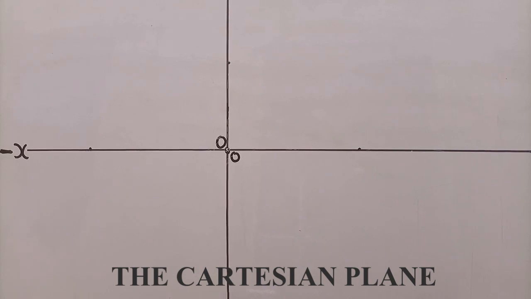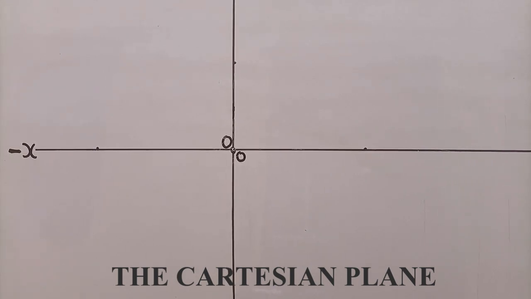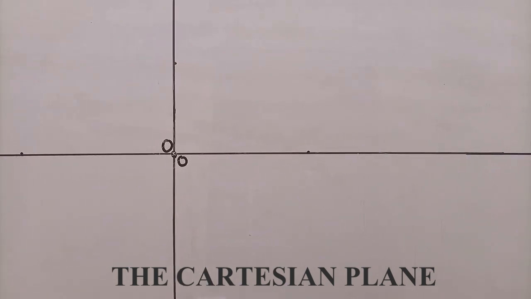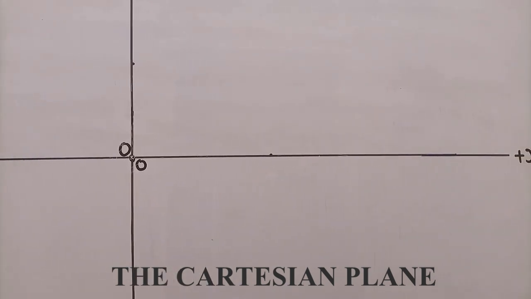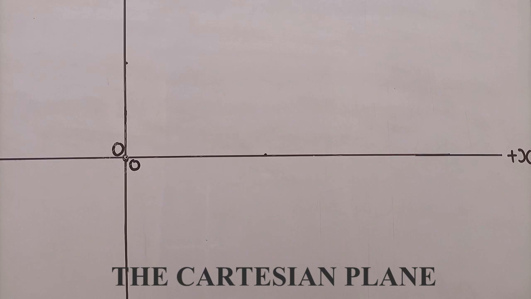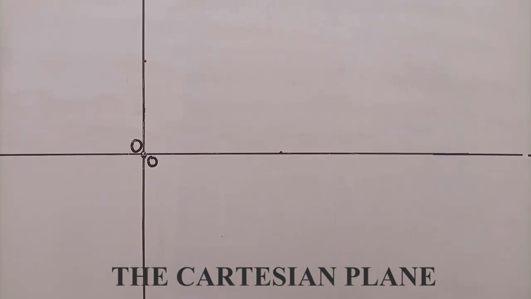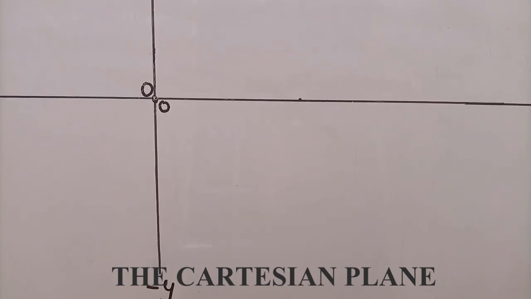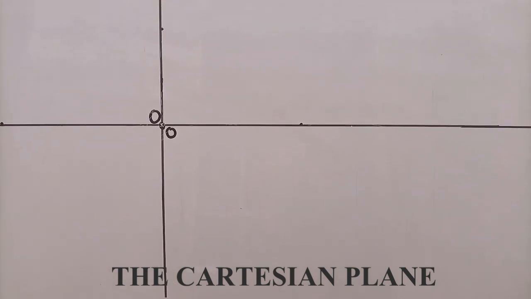Alright, this one, as you can see on the left, is the negative x-axis. And then this, which you see on the right, is called the positive x-axis. And then the one which is down here is the negative y-axis. And then that, which is up, is called the positive y-axis.